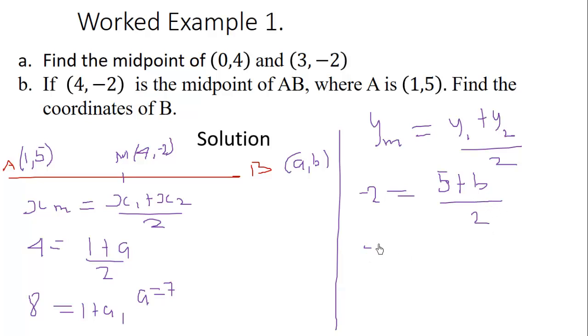So we have negative 4 equal to 5 plus b. So we have our b to be equal to negative 9. Now the coordinates of B are 7, negative 9.